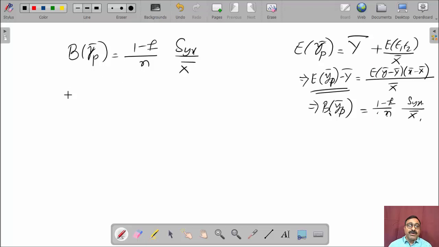But we know that expectation of the small s_yx equal to capital S_YX. So this bias can be estimated unbiasedly. Bias of the product estimator can be estimated unbiasedly. So we can correct the product estimator for its bias so that it becomes an unbiased estimator of the population mean.